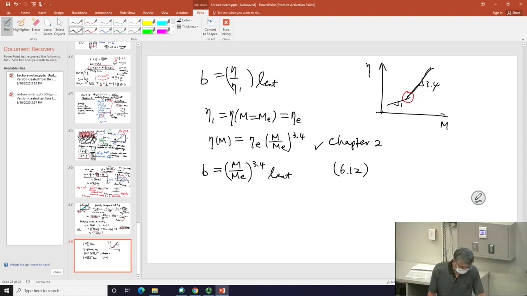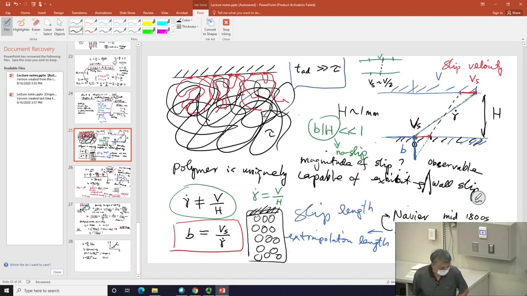If you look at the book, over here we are in section 6.1.